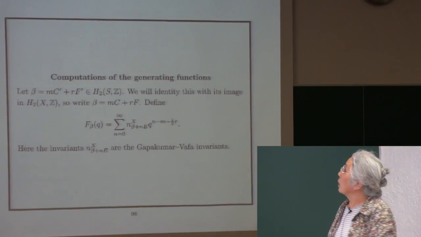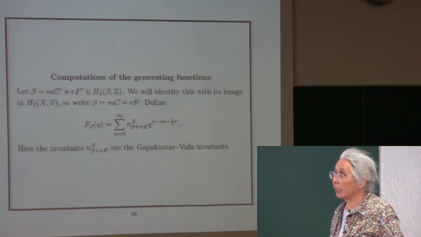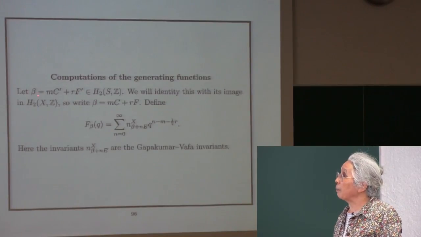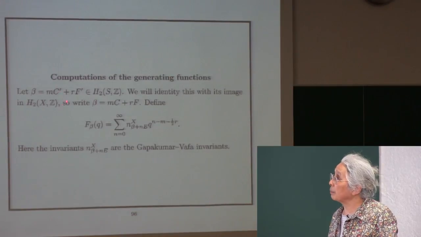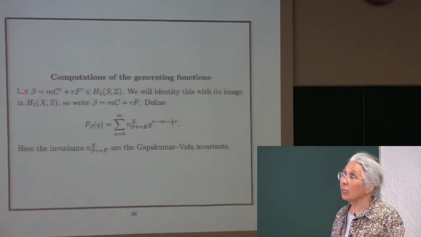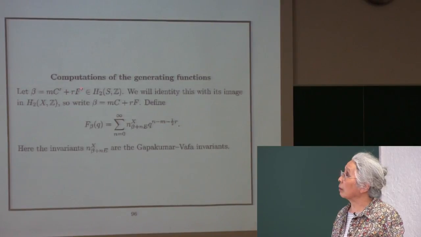All right, so what's the generating function? Now we take beta to be C + mF + F'. This was the fiber class, and C' was the section, and m and r are any integers. You take that.